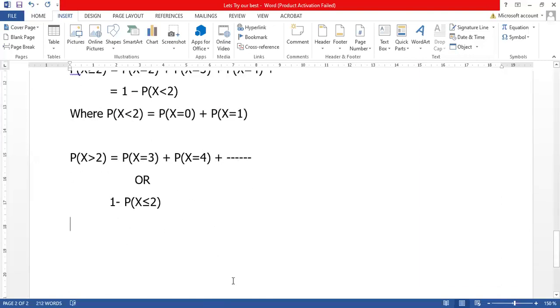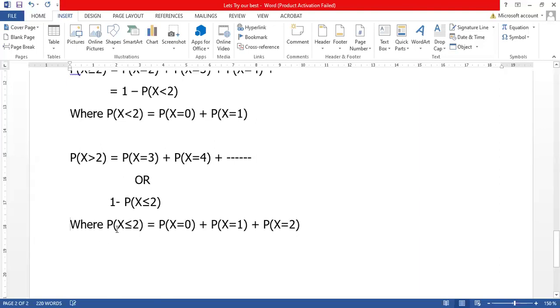So also don't make a mistake. This one will be equal to the probability of x is equal to 0 plus the probability of x is equal to 1 plus the probability of x is equal to 2.